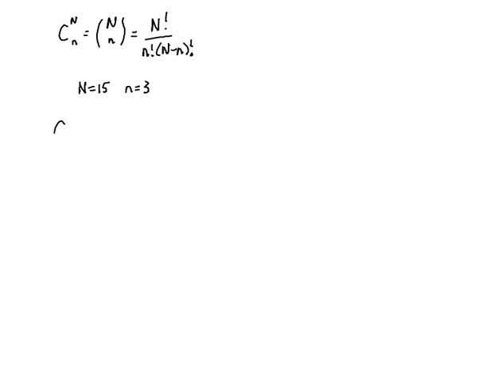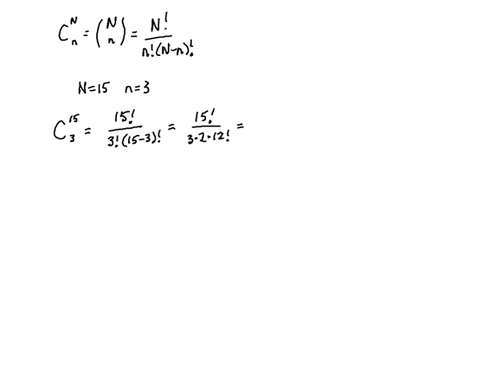So I have a combination of 15 choose 3, and that would be 15 factorial over 3 factorial times the quantity of 15 minus 3 factorial. I'm going to do a little bit of simplification in this next step. That'd be 15 factorial over 3 factorial, which is 3 times 2, and 15 minus 3 is 12 factorial.